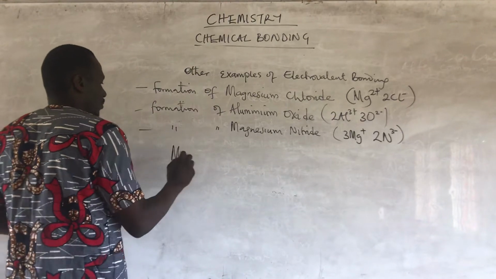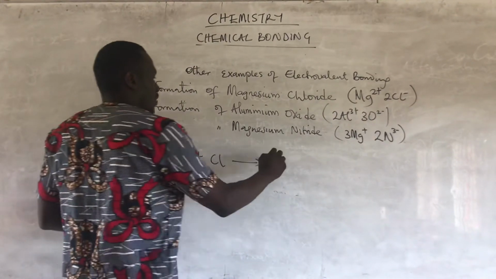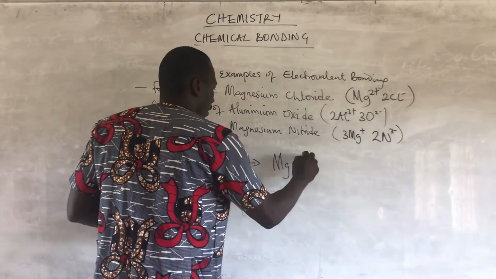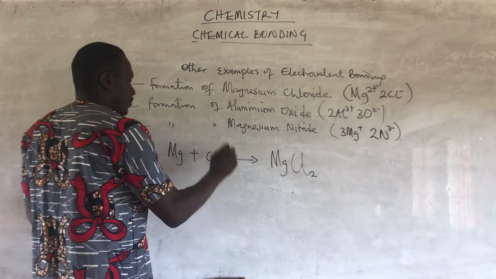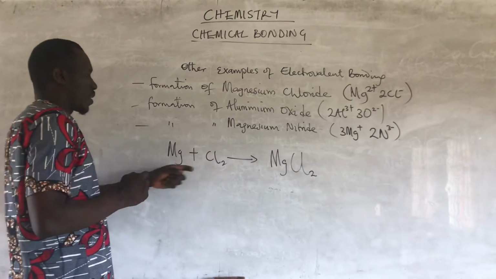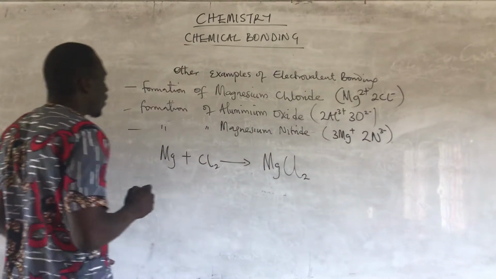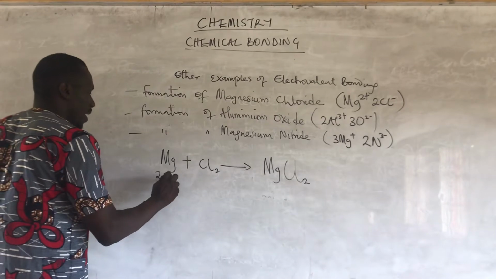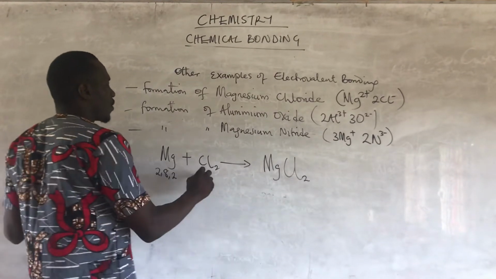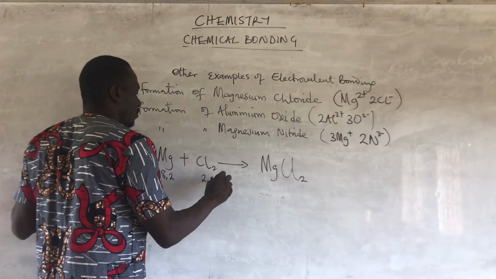Magnesium plus chlorine to give us magnesium chloride. We all know that magnesium plus a chlorine molecule gives us magnesium chloride. Magnesium with electronic configuration 282 and chlorine with electronic configuration 287.